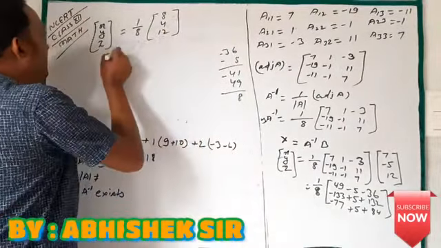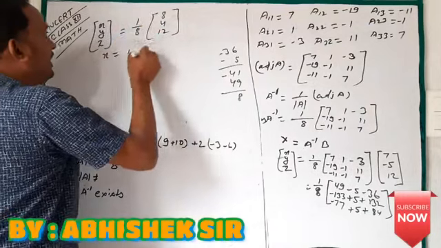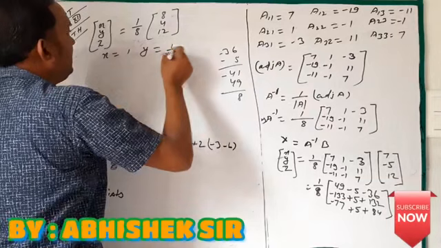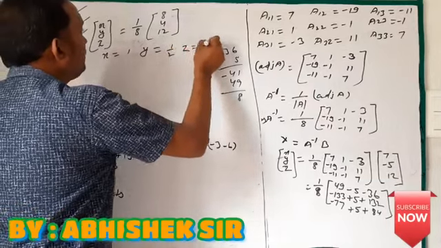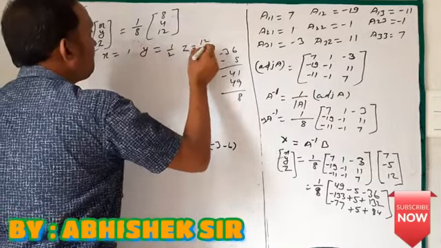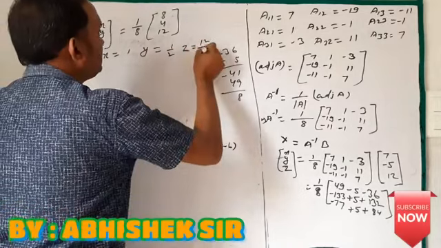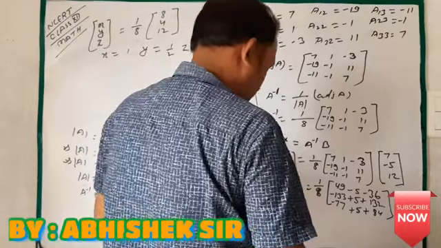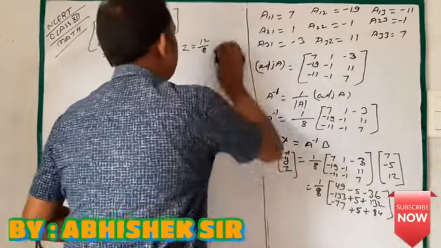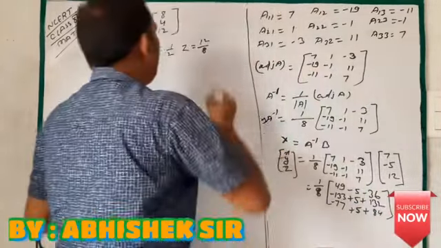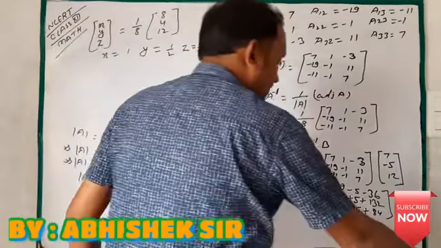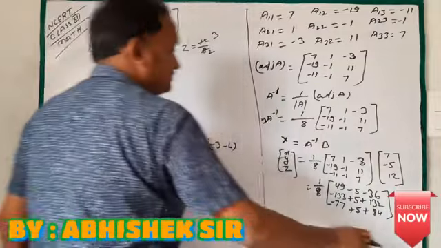This is student, x is equal to 1, y is equal to 1 upon 2 and z is equal to 12 upon 8, that is, 4 2 is 8, 4 3 is 12. Here, this is our answer.